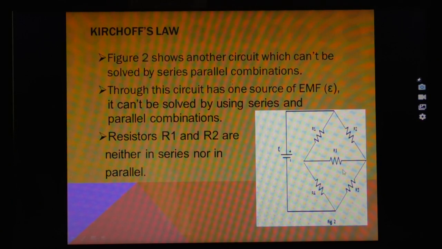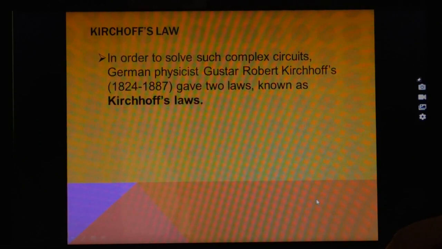So simple Ohm's law or simple rules for parallel and series combination of resistors are unable to solve the problems of such a complex network. Though this circuit has one source of EMF, it cannot be solved by using series and parallel combination. Resistors R1 and R2 are neither in series nor in parallel, as shown in the given figure.